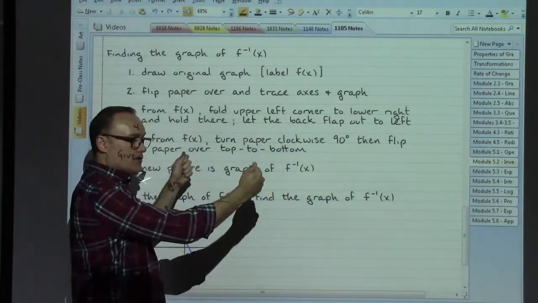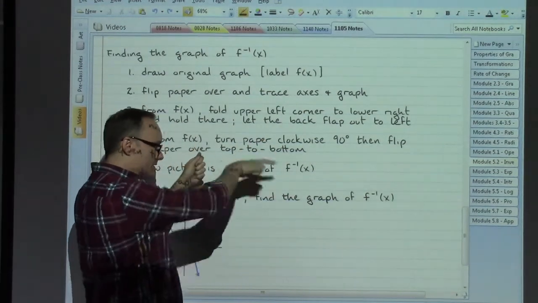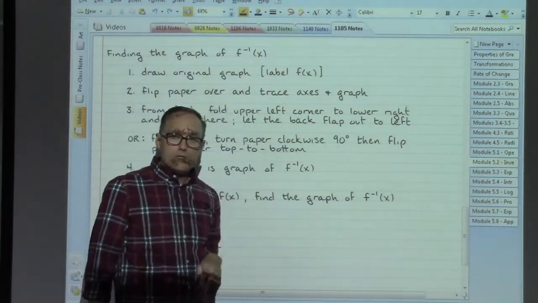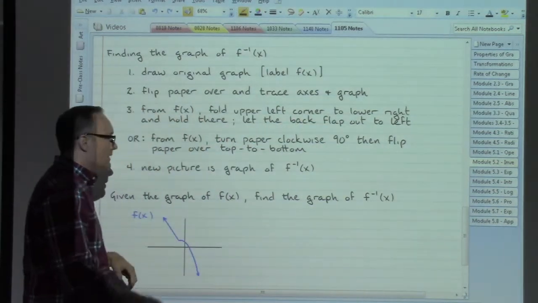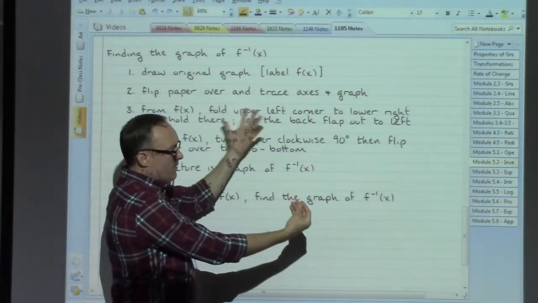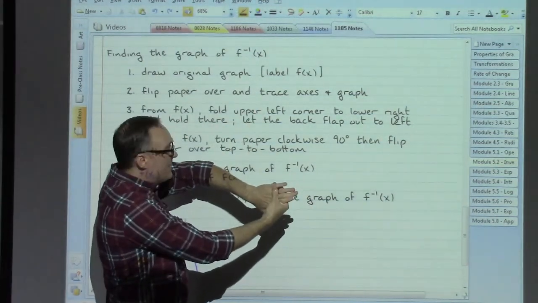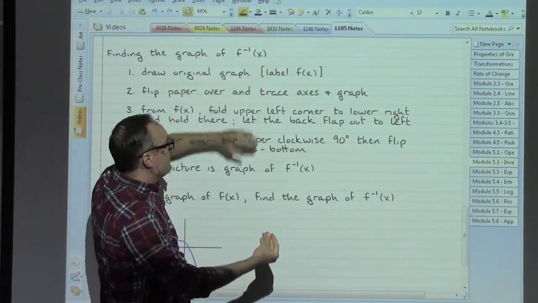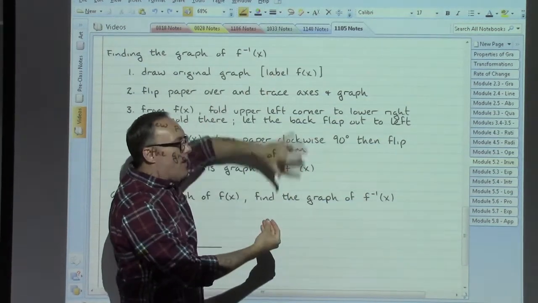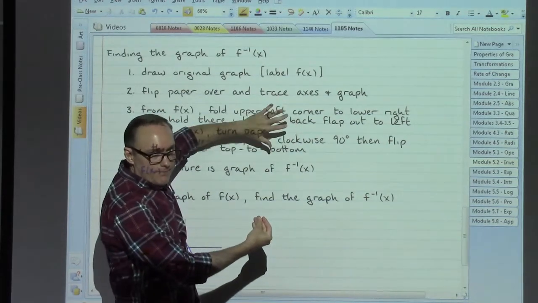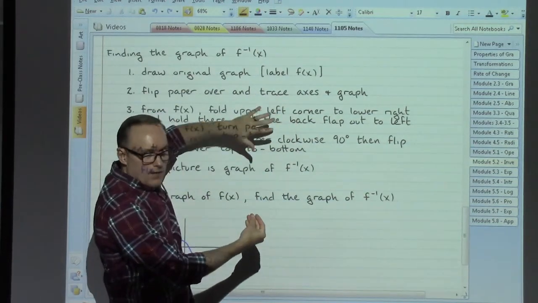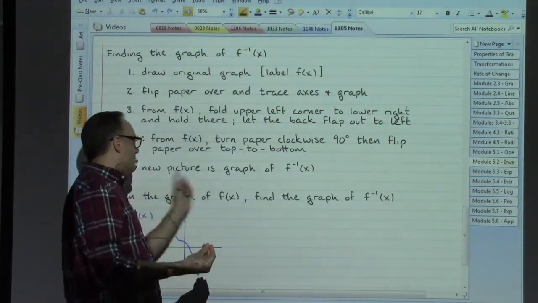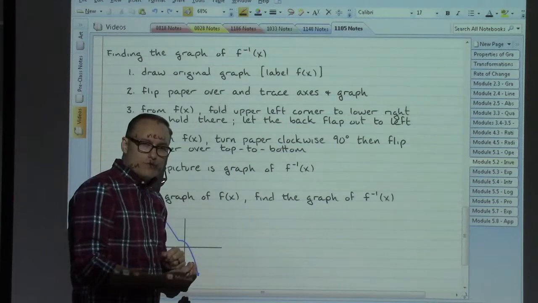So I'm looking at the original drawing, and I'm going to flip that upper left corner down to the lower right corner, and then hold it there. Then I'm going to smooth out the piece of paper. I'm going to let that back flap out smooth, and the flap gets folded to the left.